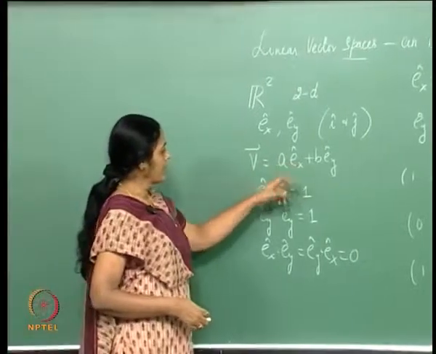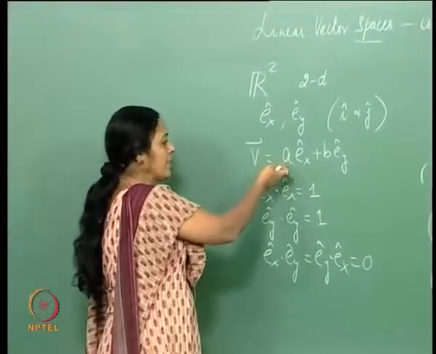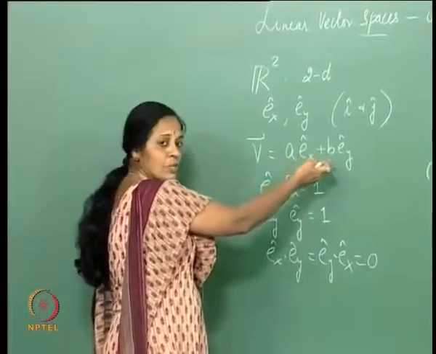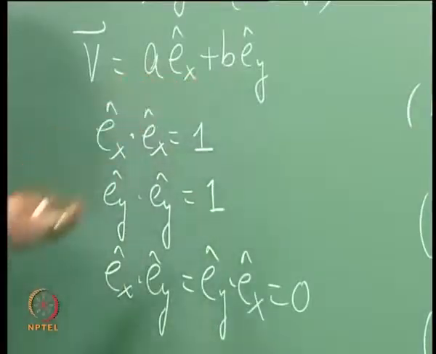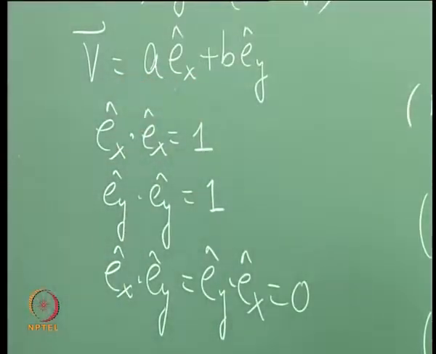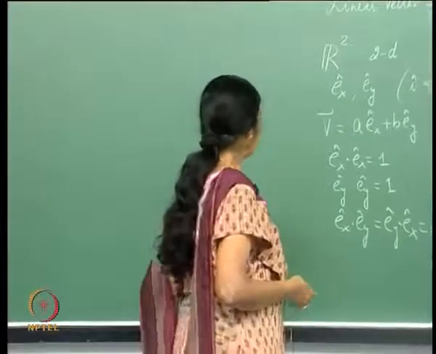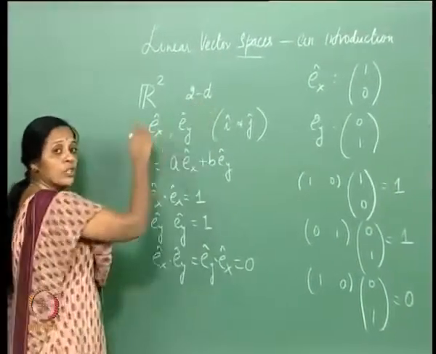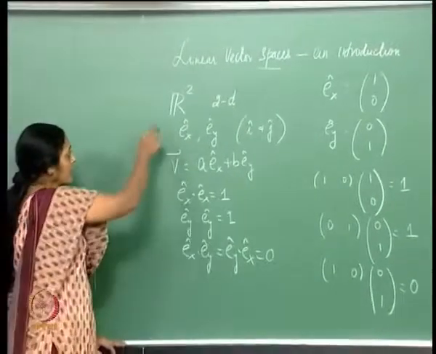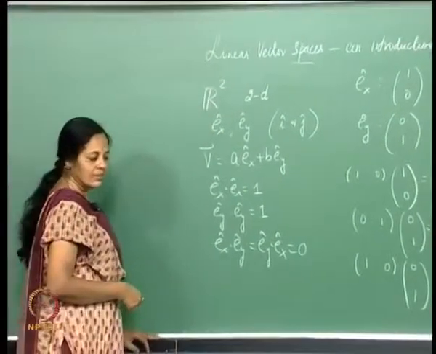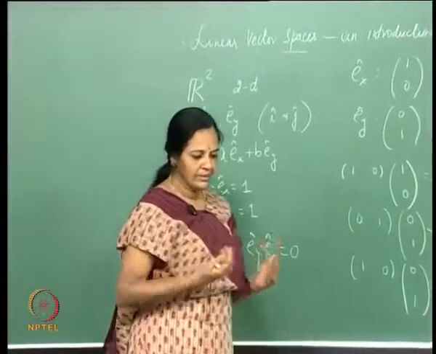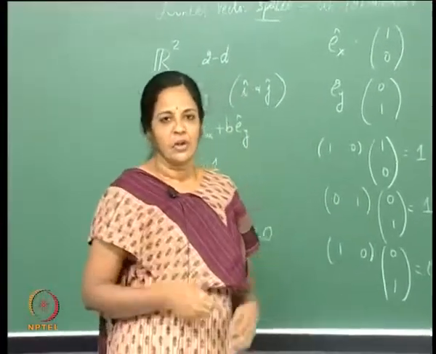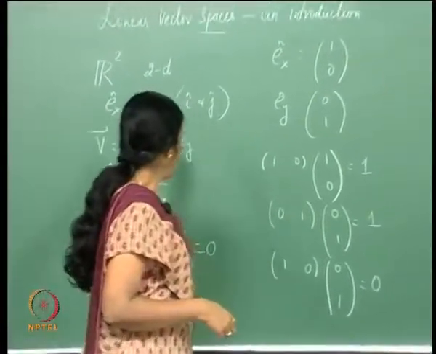All these vectors, which can be expanded as a times Ex plus b times Ey, a and b being real constants, real scalars, are states in the 2-dimensional linear vector space R2. So basically, what are the properties of a linear vector space?